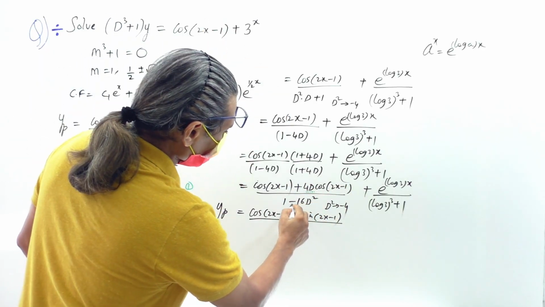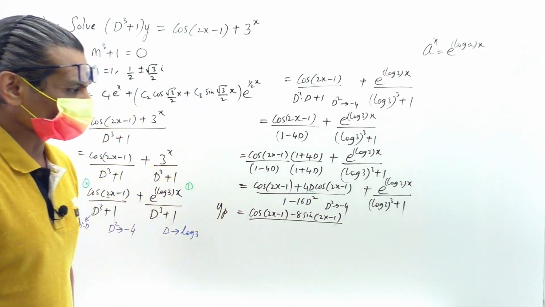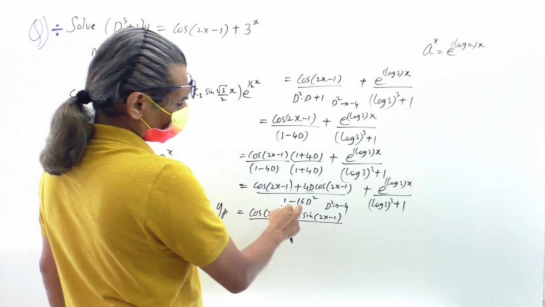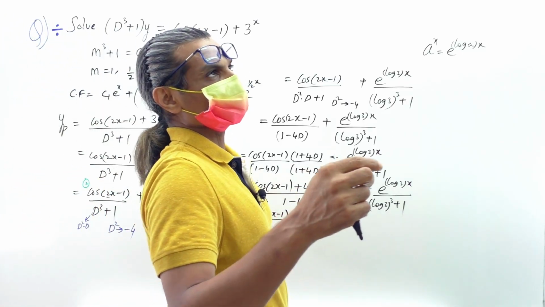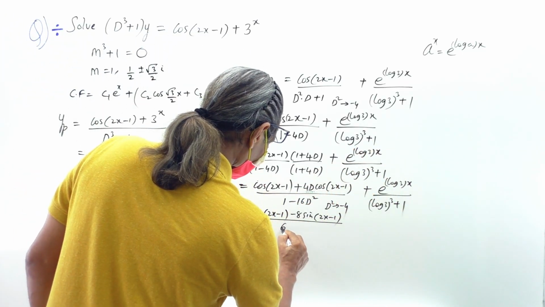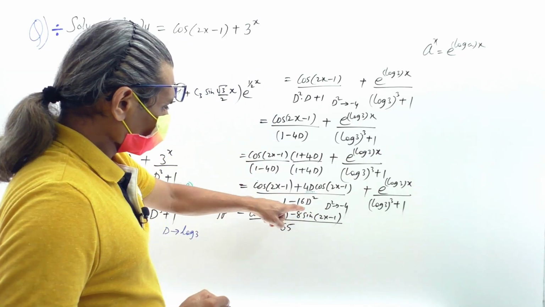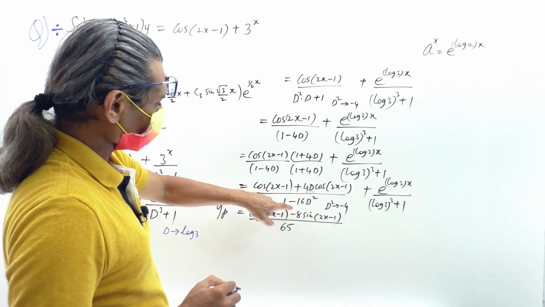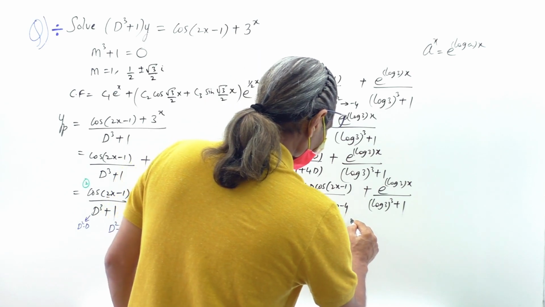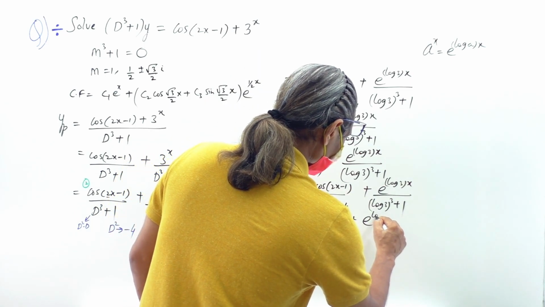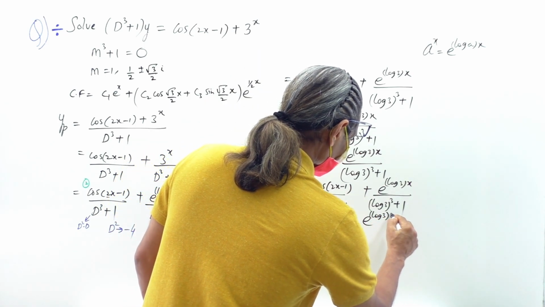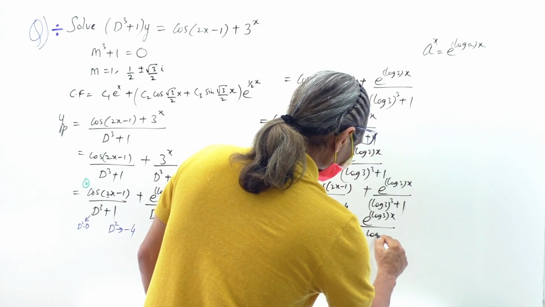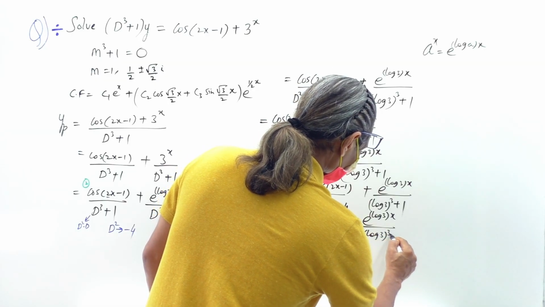That's it. Now again 1 minus 16 into minus 4. It's easy: 16 into minus 4 is minus 64, so 1 plus 64 is 65, plus e raised to log of 3x divided by log 3 whole cube plus 1.